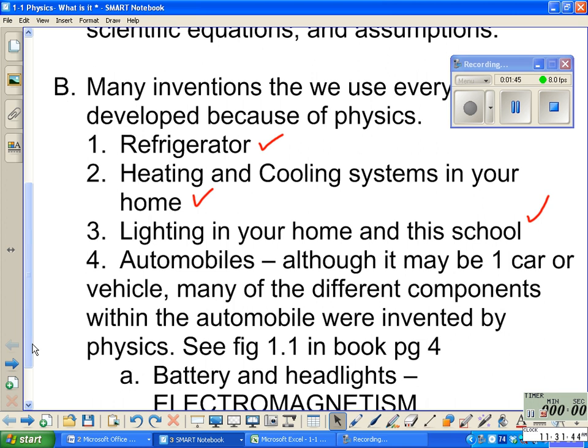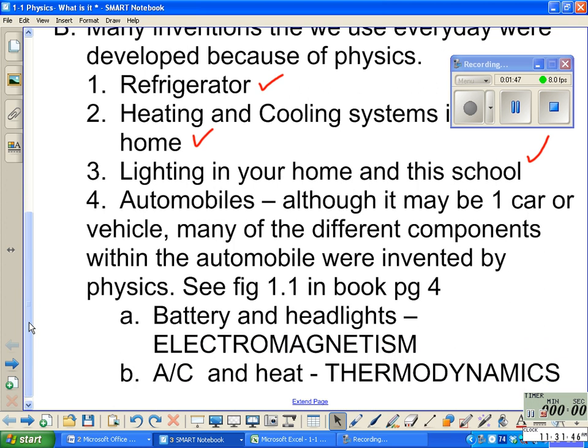You can look in your book, figure 1-1, page 4. You can see some examples. If you're looking there, you know that the battery and headlights stem from electromagnetism. The AC and cooling in your car is thermodynamics.